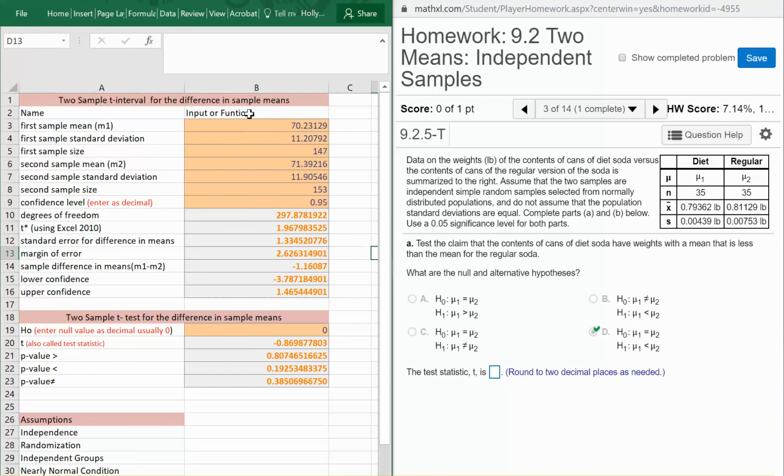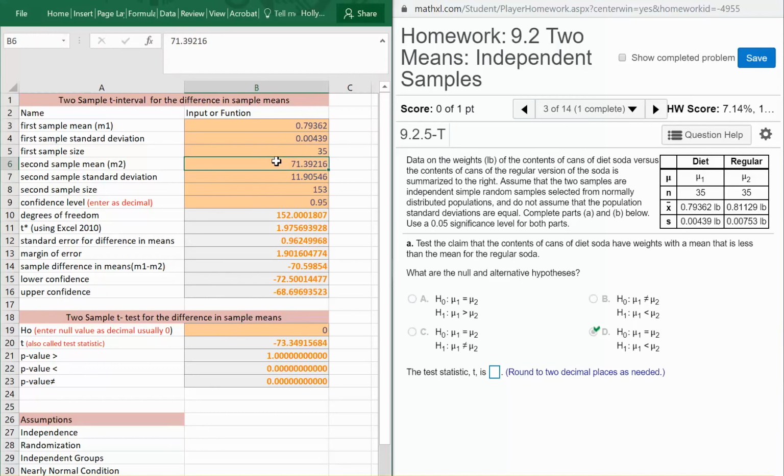So here we go. Our first sample is our diet soda. The first sample mean is 0.79362 pounds, and the sample standard deviation for diet soda is 0.00439. And the sample size is 35.